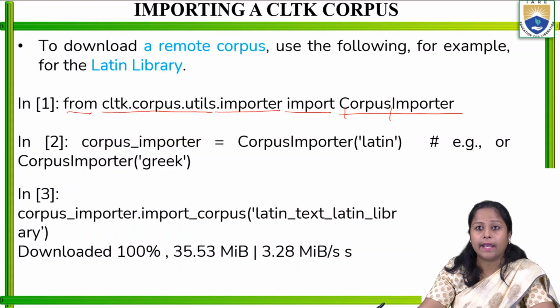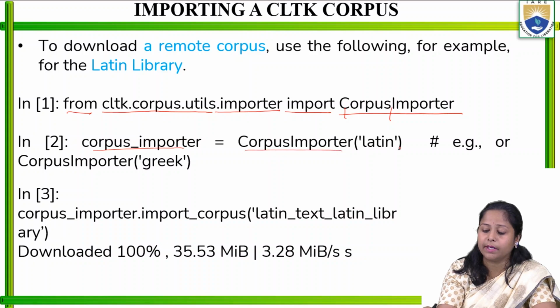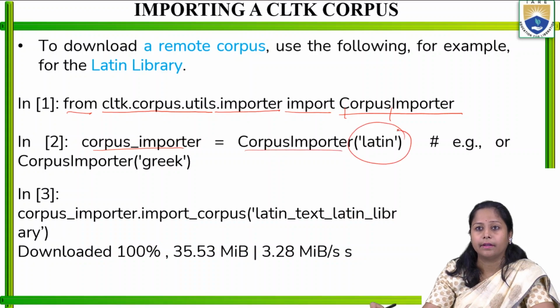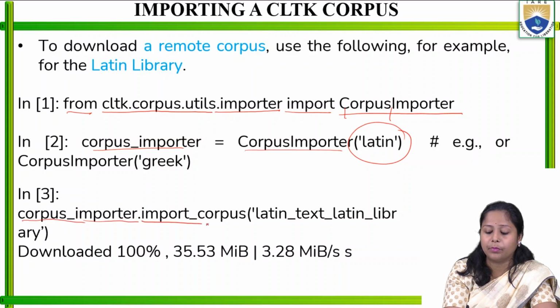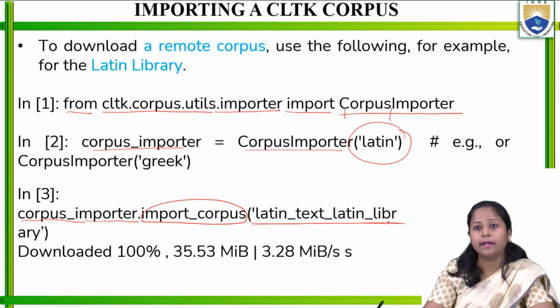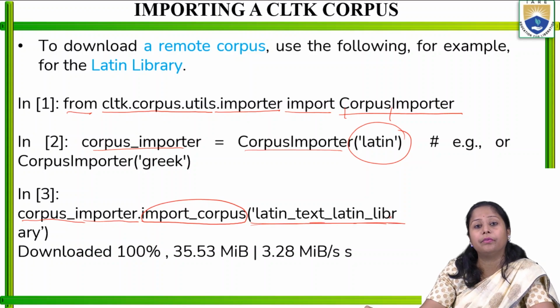In the next line, same as we listed the corpora, we write corpus_importer equal to CorpusImporter with Latin in double quotes. And in the next line, we write corpus_importer.import_corpus, and in the function we write latin_text, which is the corpus we need.